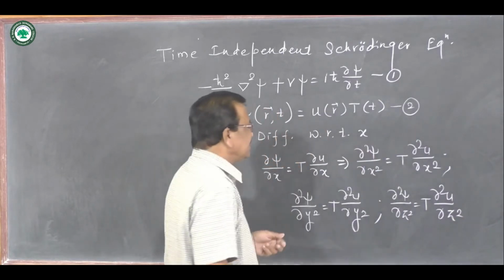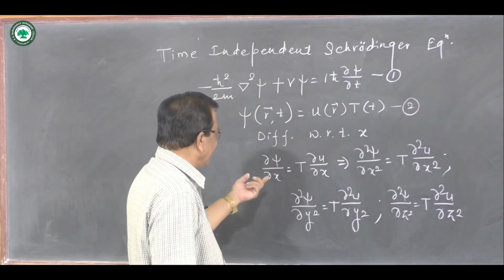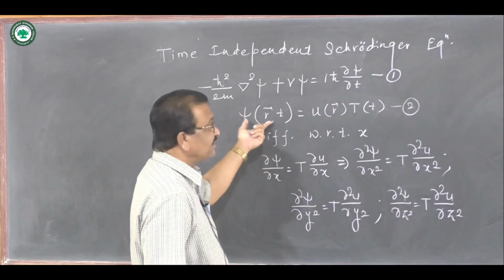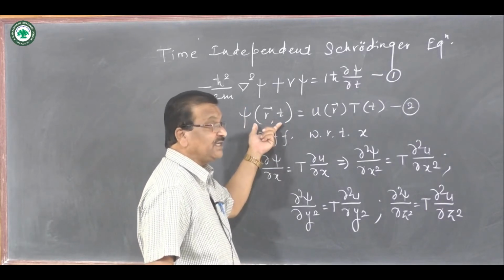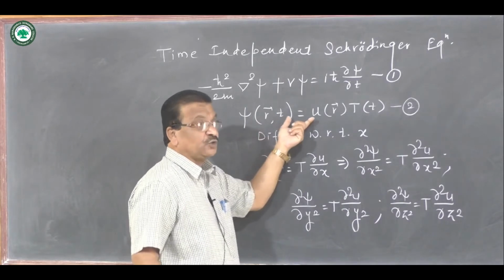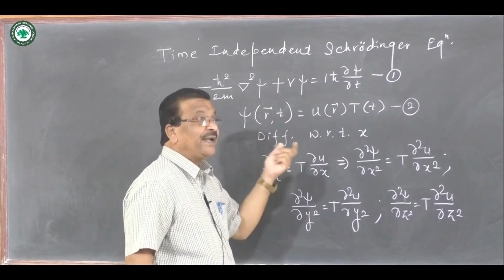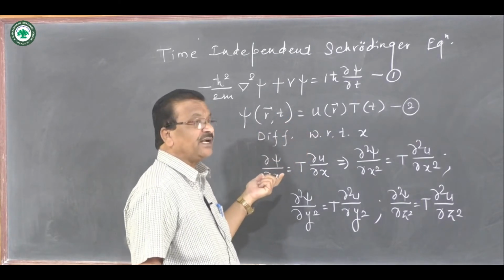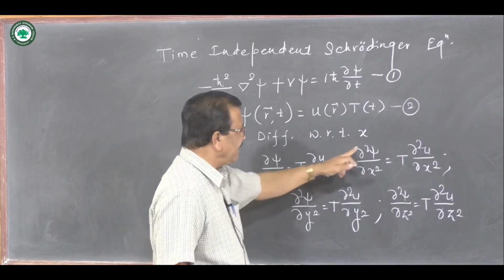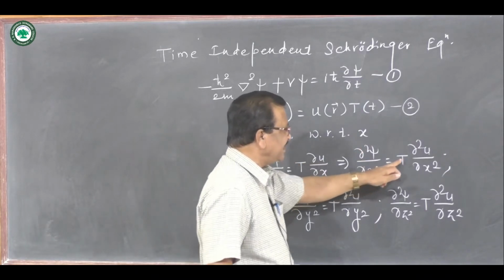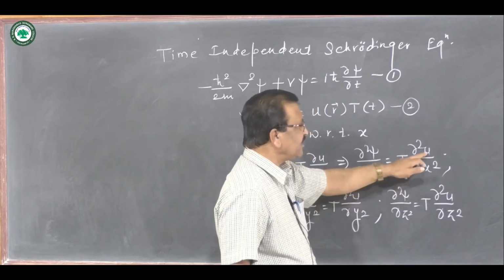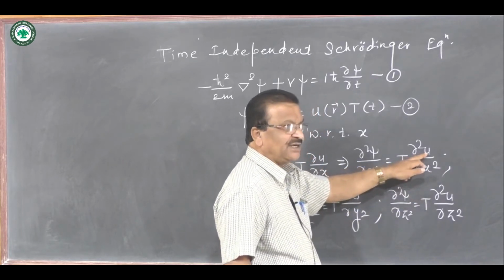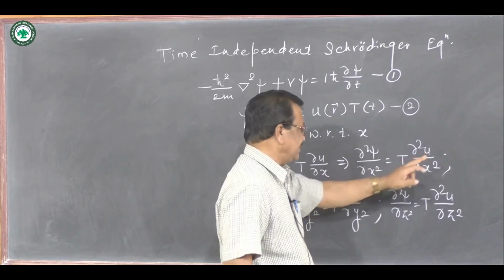So what are the expressions that I have got from this? I have differentiated this solution, assumed in product form, twice with respect to the space coordinates x, y, z. Dabba 2 psi by dabba x square gives T times dabba 2u by dabba x square. Why partial derivative? Because u is a function of x, y, z, and we are treating y and z as constant.